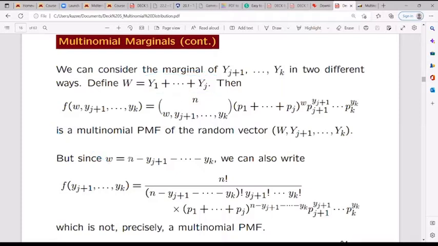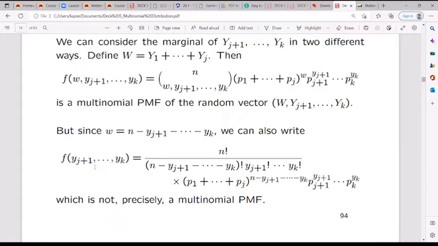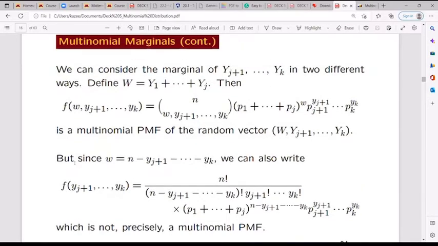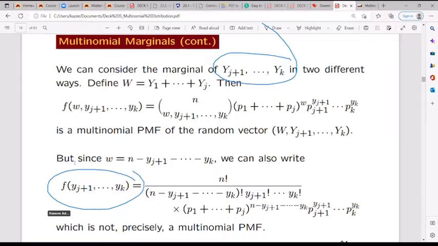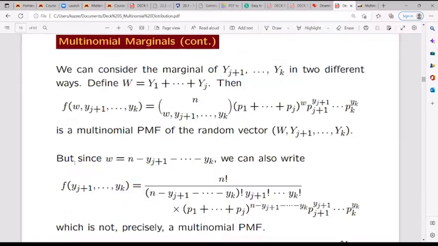Now, don't forget what we want to find from the beginning: we are seeking the marginal distribution, which is going to be f of yj plus 1 up to yk. And that is basically going to be this guy now.